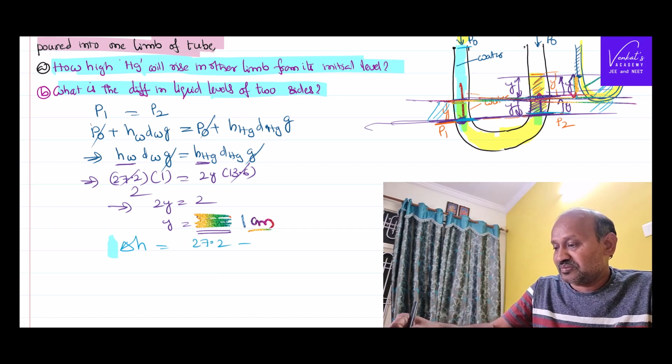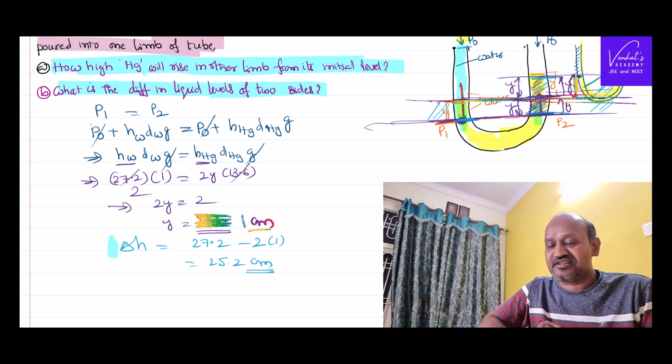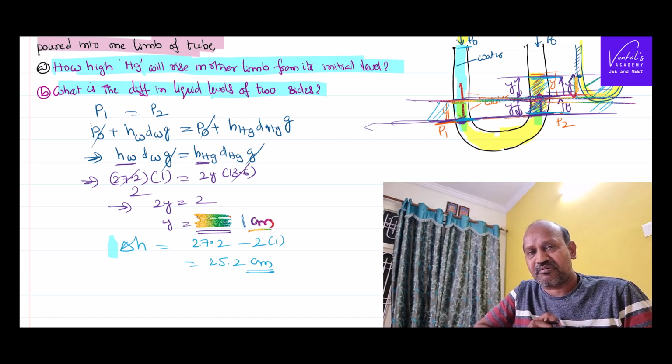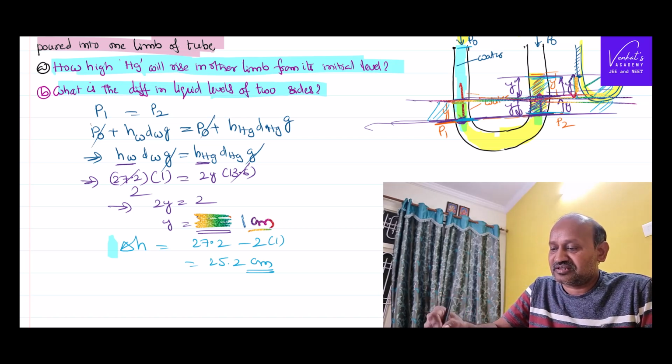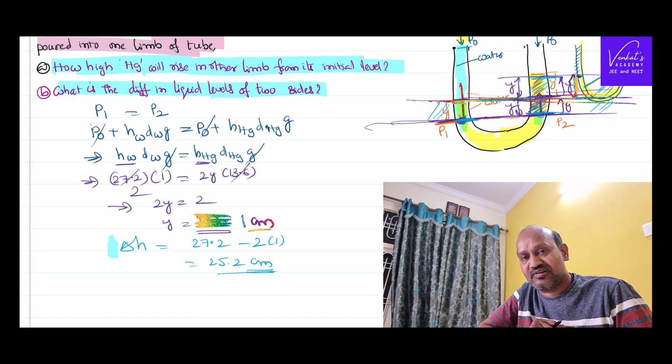From here it is at height of 2y, y and y, that is 2 into 1 centimeter. So the difference in their levels is 25.2 centimeter. That's how we have to solve the problem. This entire problem is very simple and depends on one small concept: whenever the levels are equal, the pressures are also equal. That's it. That's how we have to solve this problem. Thank you for watching.